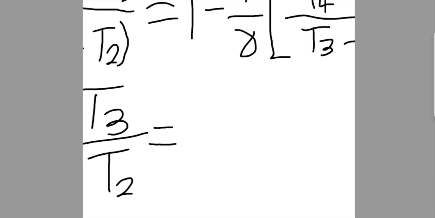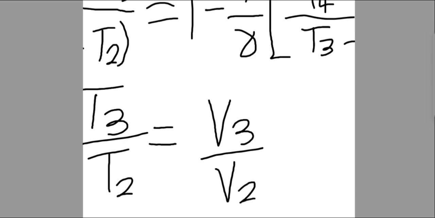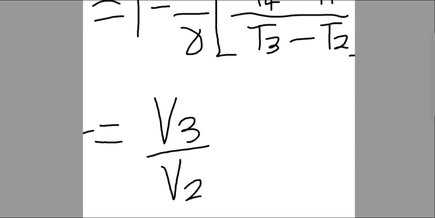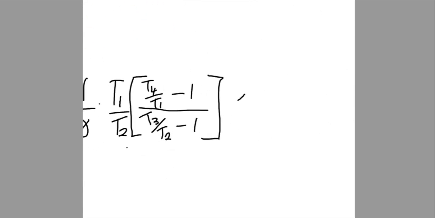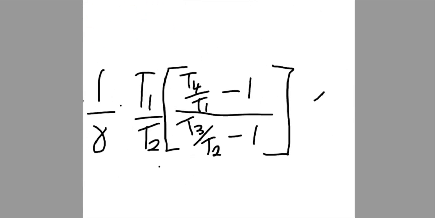And what is the value of our V3 over V2? This here is known as our cutoff ratio. So we can say that our T3 over T2 from these parts is our cutoff ratio.